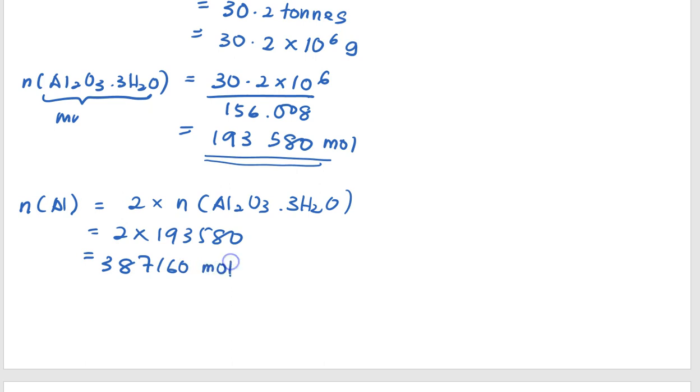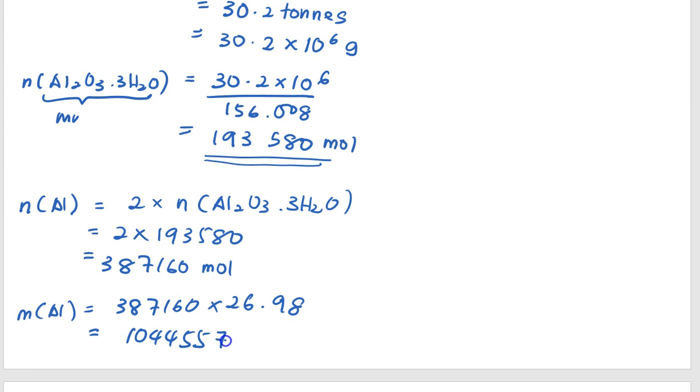And finally, since they're asking for mass, all you have to do now is take the number of moles and multiply by the molar mass of aluminium. You will get 10.4 times 10 to the power of 6 grams, or 10.4 tons.